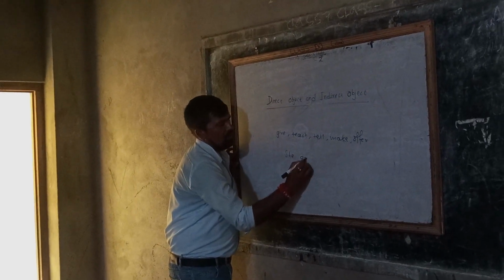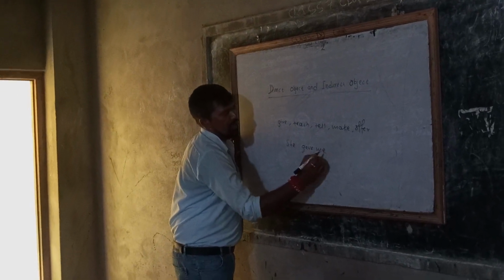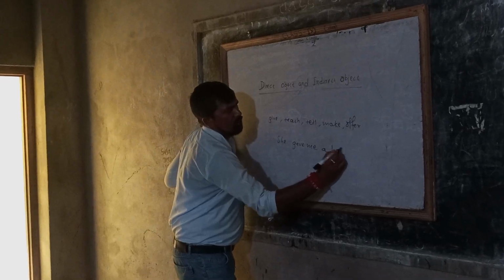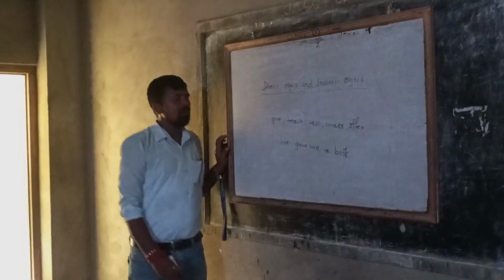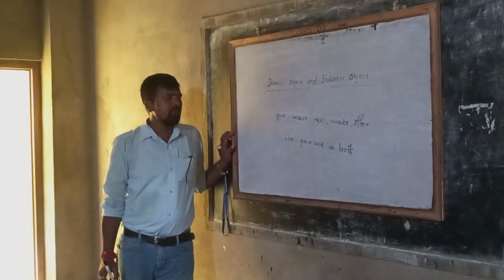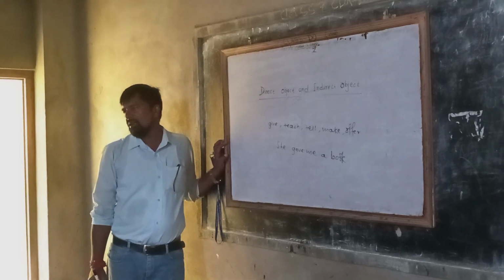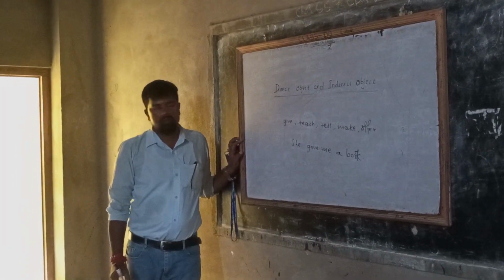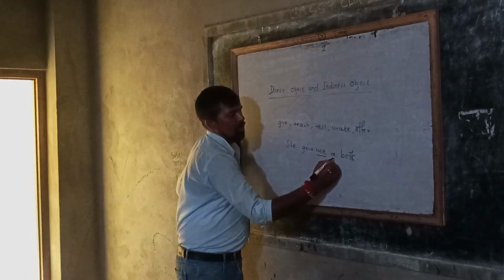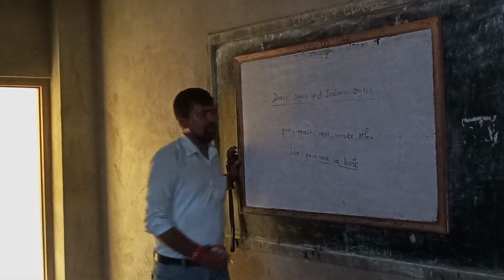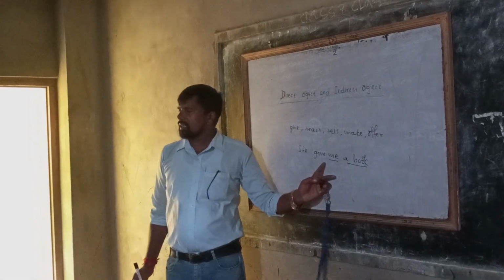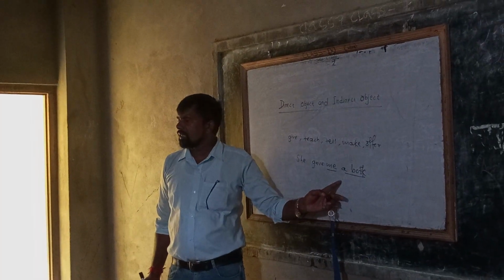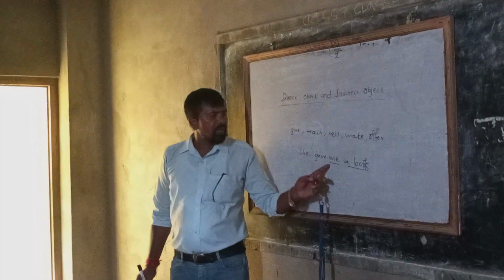She gave me a book. So how many objects are there? All of you are looking here. There are two objects. One is a living object, and one is a non-living object.